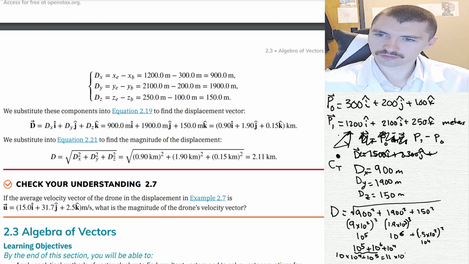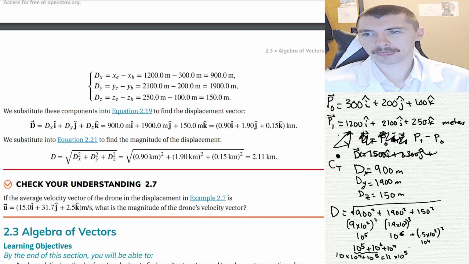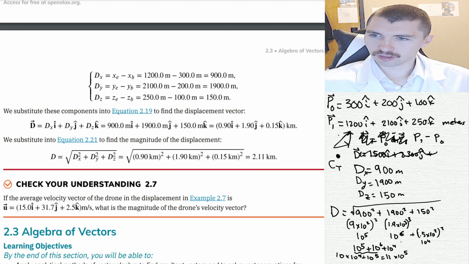Eleven times 10 to the 5th. And 10 to the 4th is 1 times... Is that the same? 10 to the 4th is equal to negative 10 times 10 to the 5th.